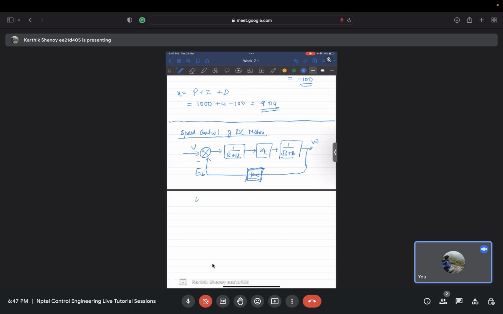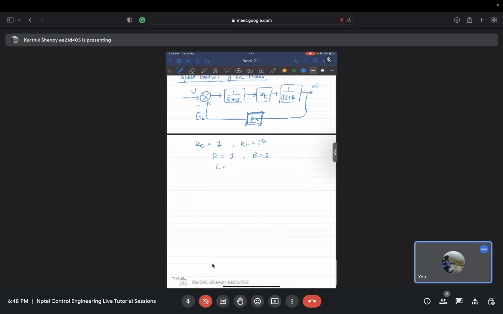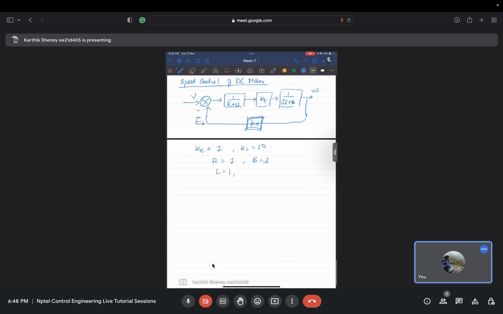I am assuming Ke equal to 1, Kt equal to 10, R equal to 1, B is 3. I'm just giving random values, in physical reality it may not even make sense, but just for the problem I'll give L equal to 1 and J equal to 1. So what is my transfer function?